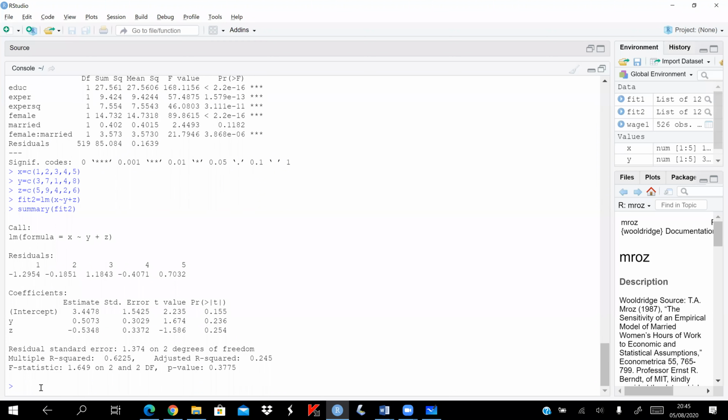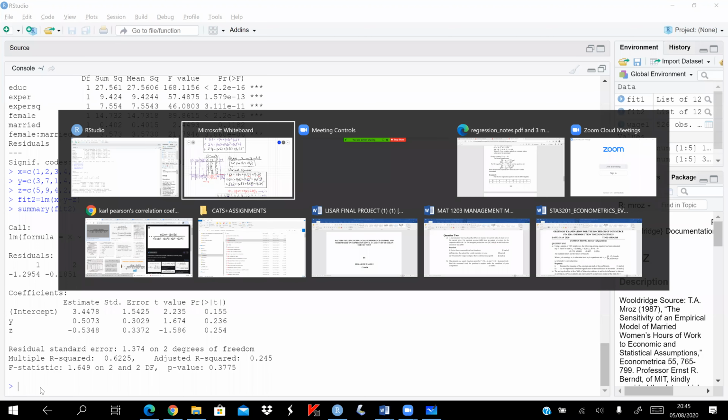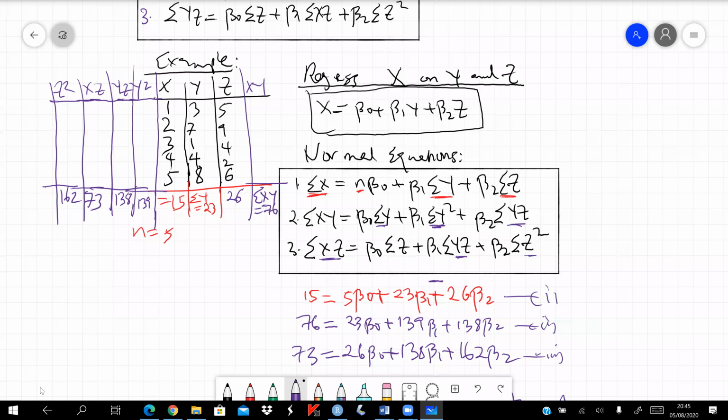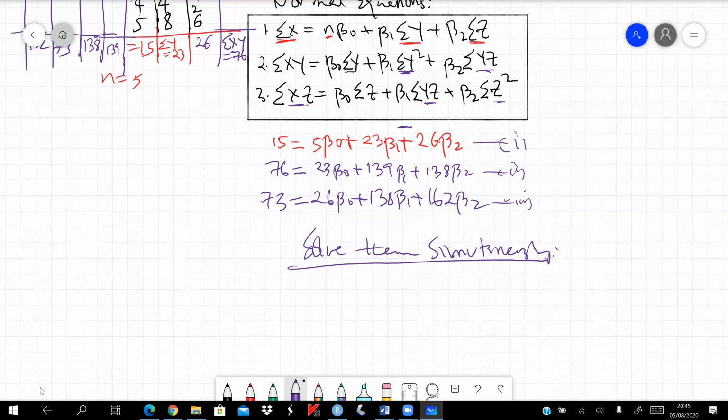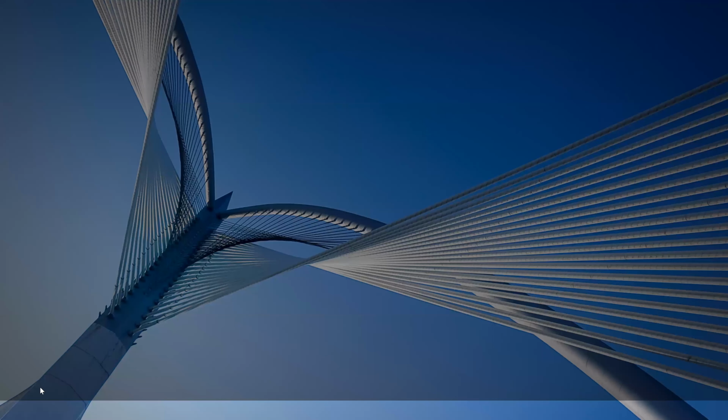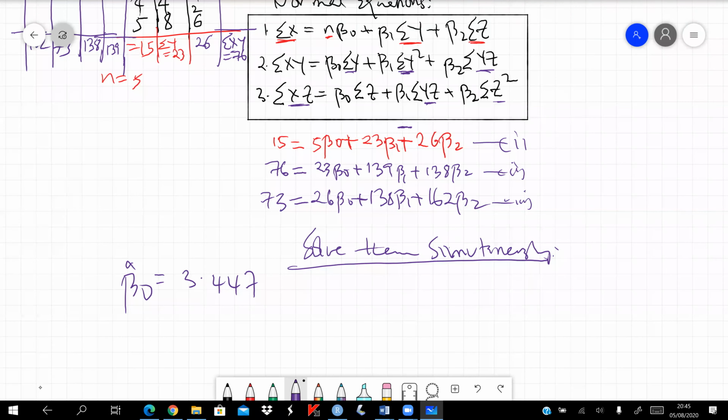So the value of beta naught will be 3.4478.